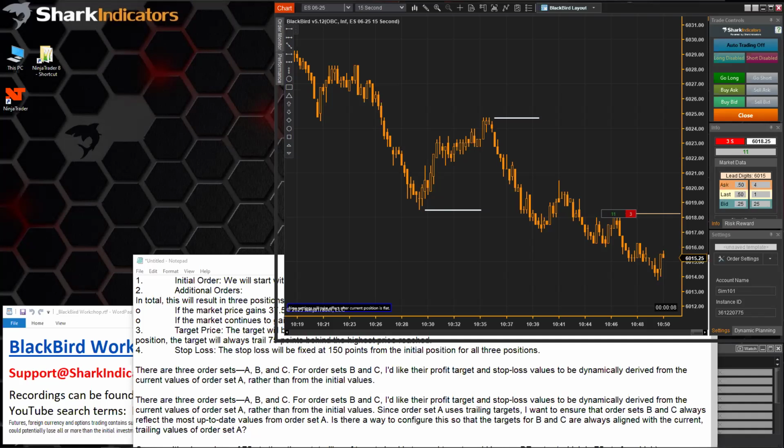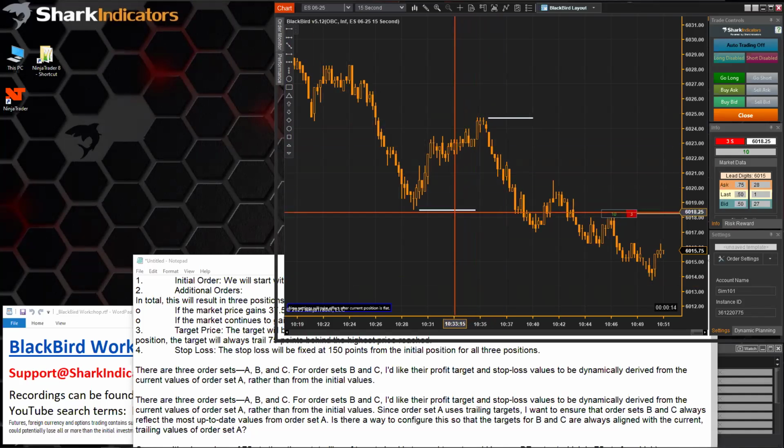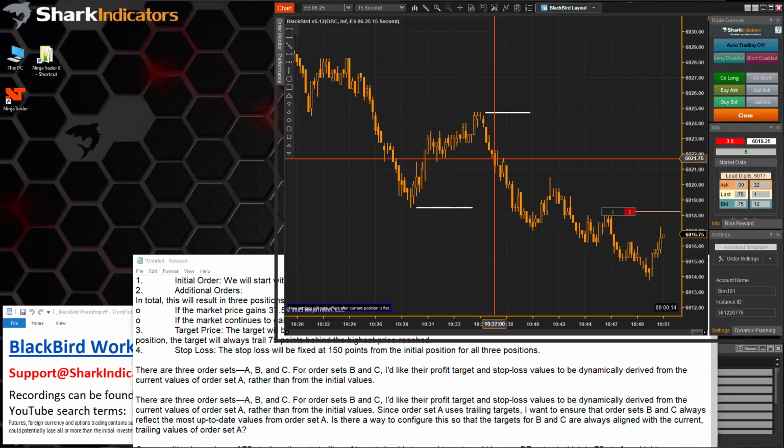Highest price after order entry. Okay, no, that cannot be done. Blackbird does not wait to place the exit orders. Blackbird places exit orders immediately. So we have to grab a high price or a low price at the time of the entry order. Blackbird will not wait a few seconds or a few minutes or a few bars for price to do something.